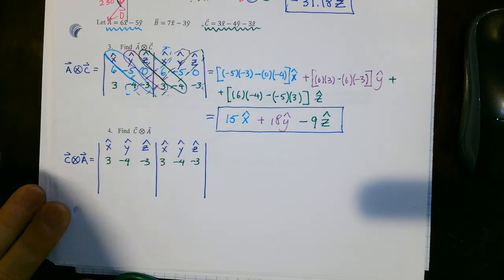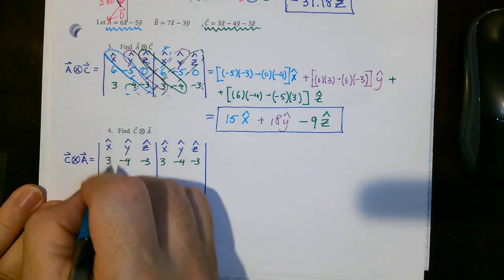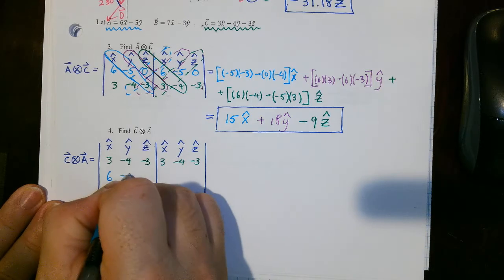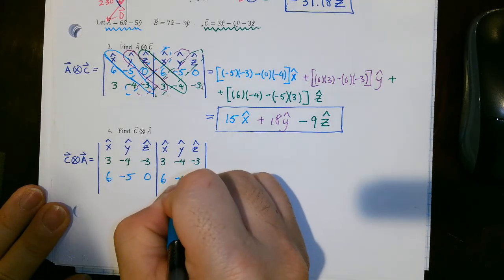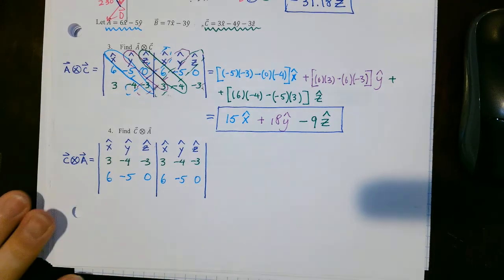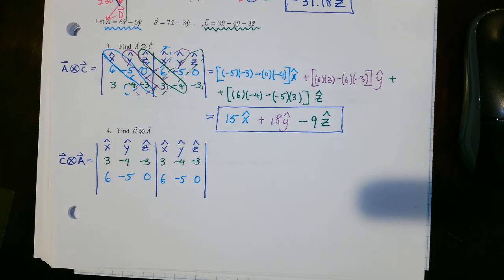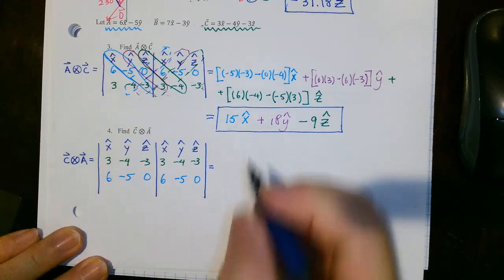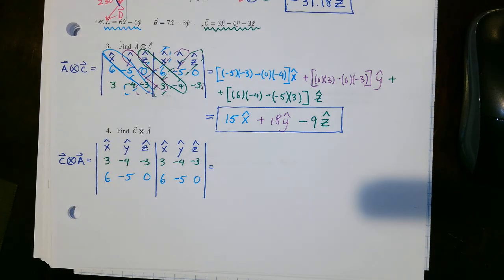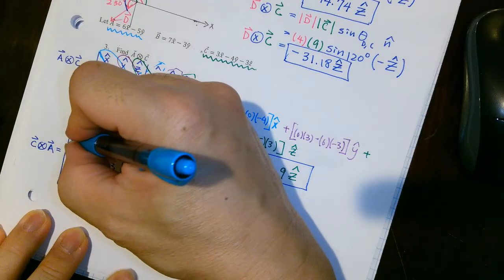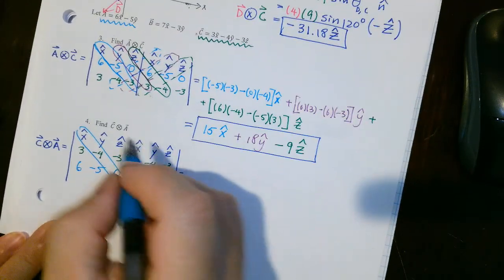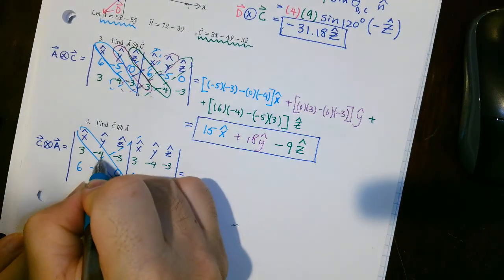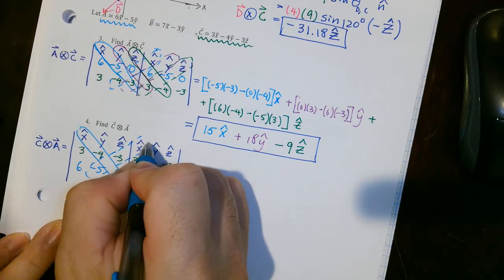And then 6, negative 5, 0. So, if we work it out now, this minus this.